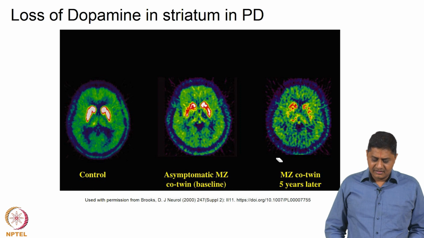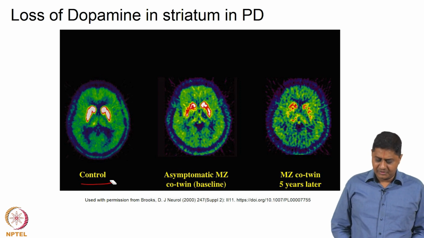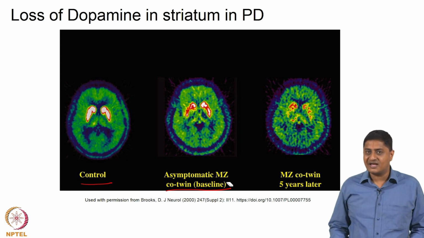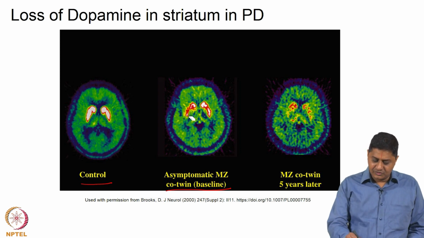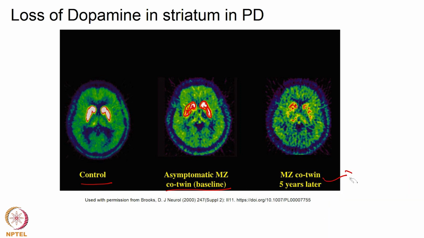Here is data from imaging that shows in a control subject the uptake of dopamine in putamen, whereas in a particular asymptomatic twin whose other twin is having Parkinson's disease, there is reduced uptake of dopamine in putamen. 5 years later, this particular patient develops symptoms, and you find very little activation of the putamen, right, when compared with this control.